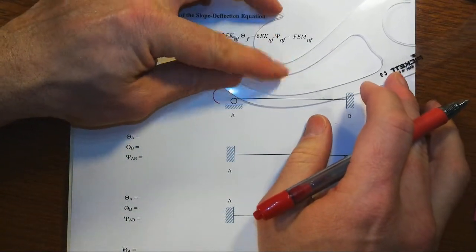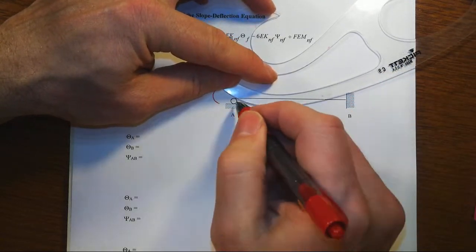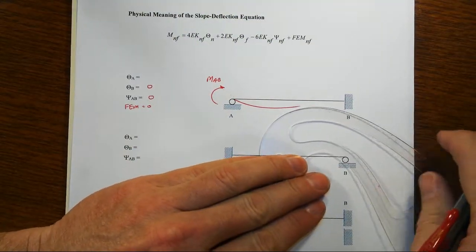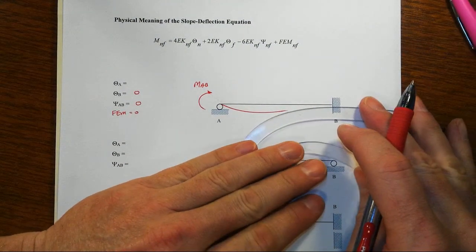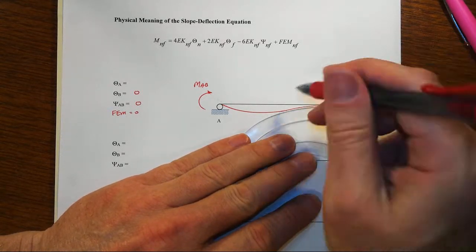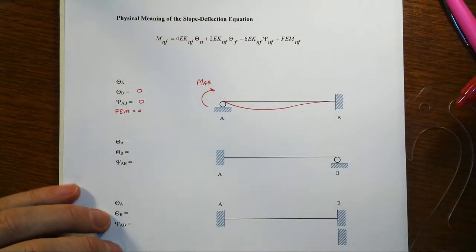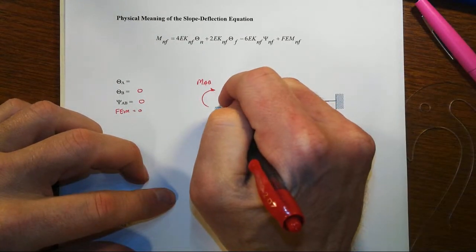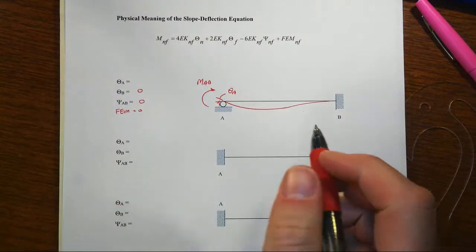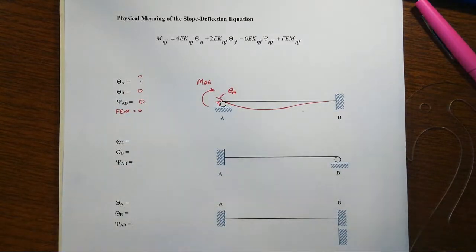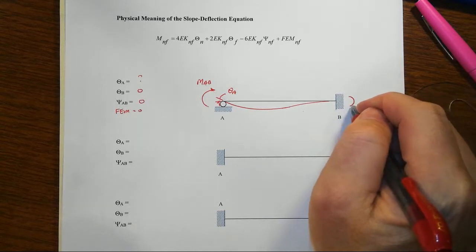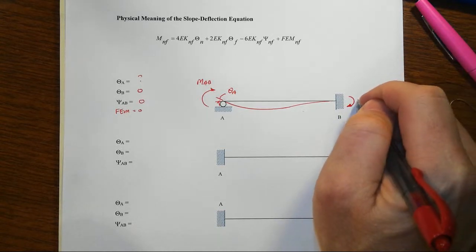That rotation at that end then will create curvatures throughout the beam, such that you end up with a deflected shape that might look something like so. There's your theta A being non-zero, and you get zero rotation at the far end. You have to have a moment in order to prevent that from happening.